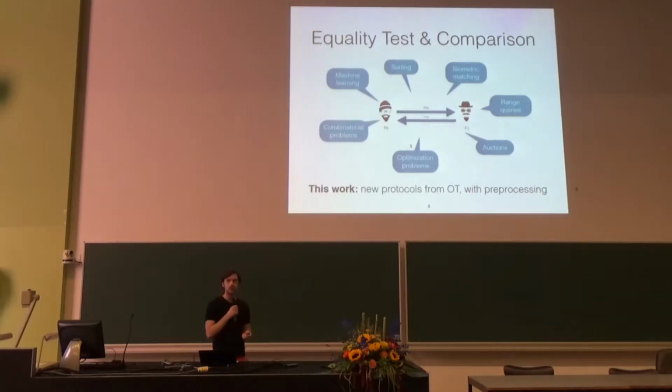So in this work, I will describe new protocols for securely computing equality test and comparison. Those protocols will be in the preprocessing model, which means that there is a preprocessing phase during which the two parties interact before they get to know their inputs. And they can use this preprocessing phase to generate correlated random coins.